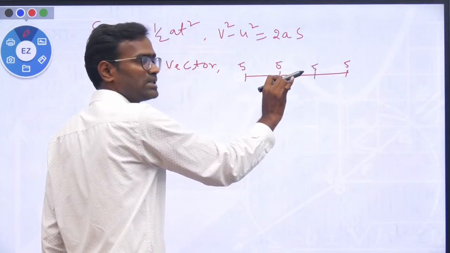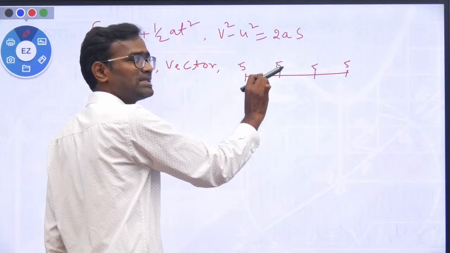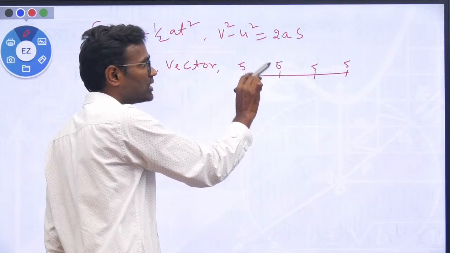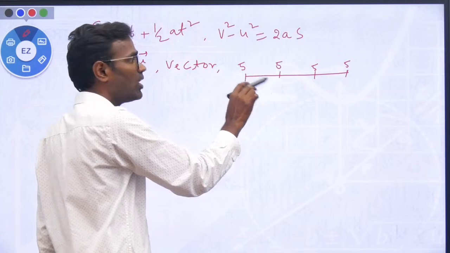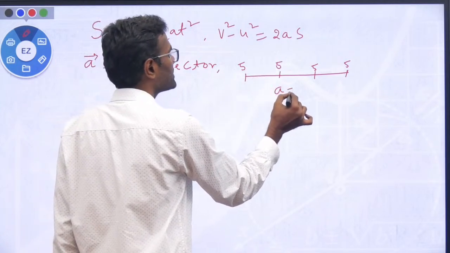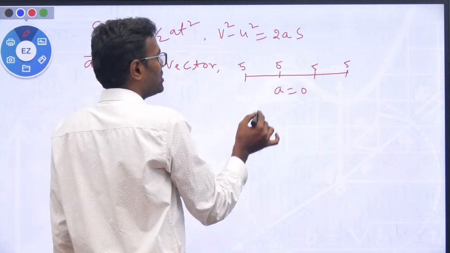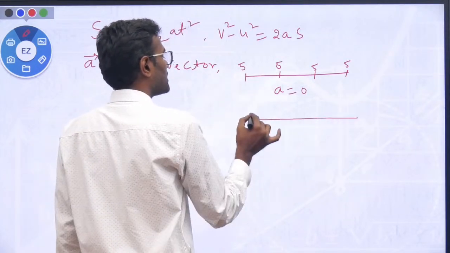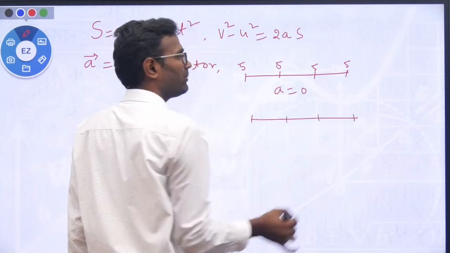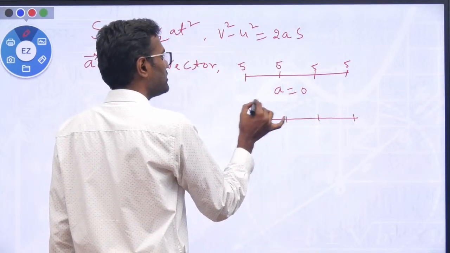So there is no change in direction, and no change in speed either, no change in magnitude as well as direction. So in this case we can say acceleration is 0.